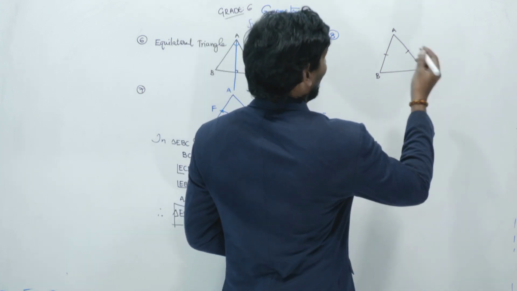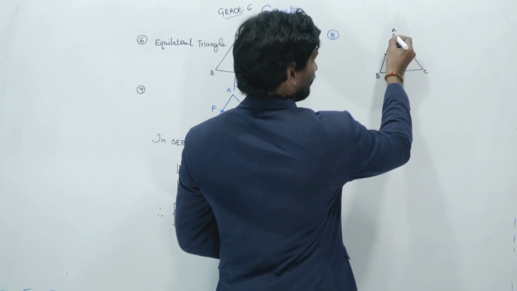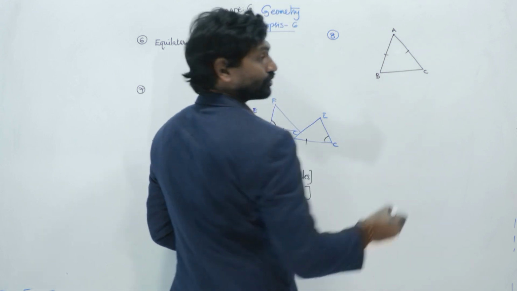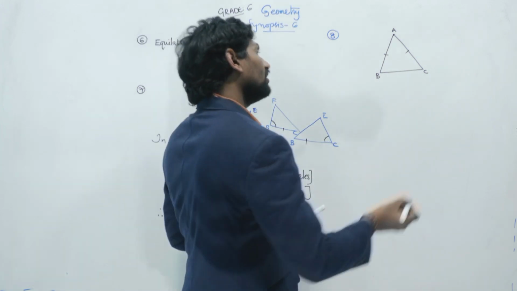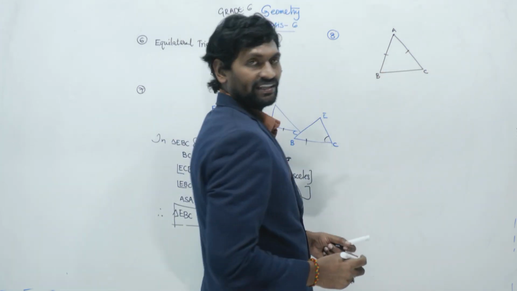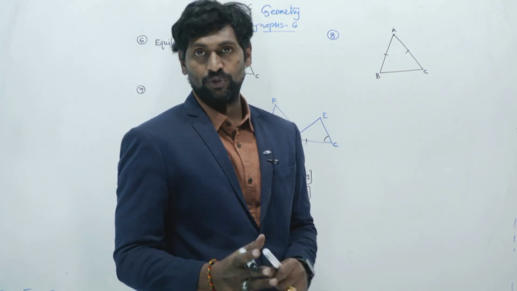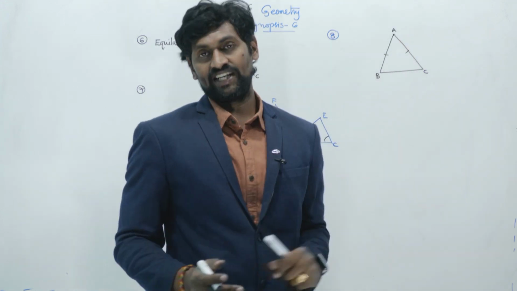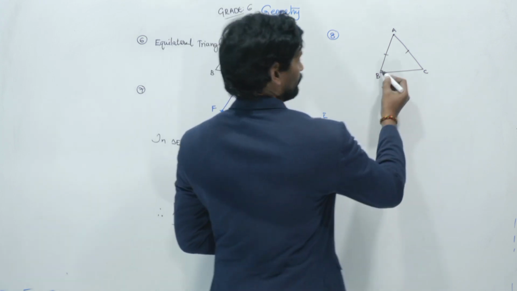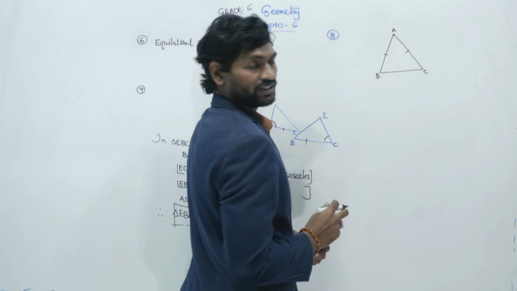Same way, two angles are also equal. And while you're drawing the altitudes from the vertex angle, the altitude length is somewhat different from B and C, the base angles. Because here the base angles are equal, obviously their opposite sides are also equal. It means B's opposite side and C's opposite side are equal.